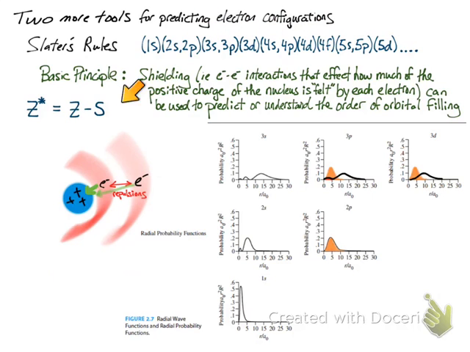Adding all those up gives us S. We subtract that from the charge of the nucleus to give the effective nuclear charge. Again, go over those examples in your textbook because they have several that are very nicely written and I think pretty easy to follow once you understand how this works.